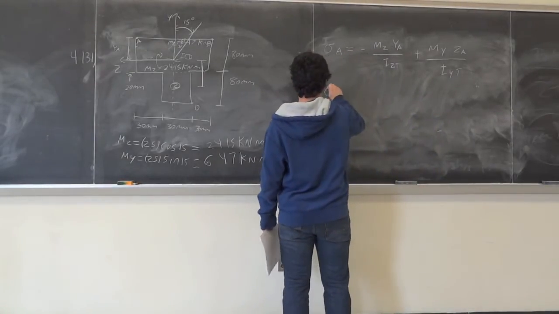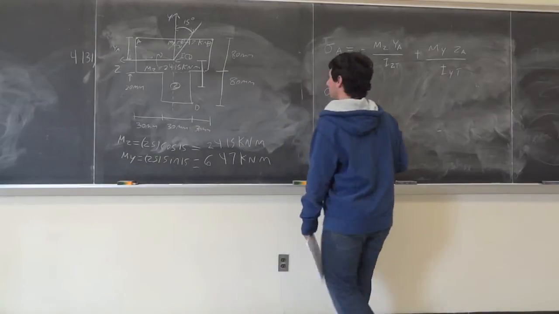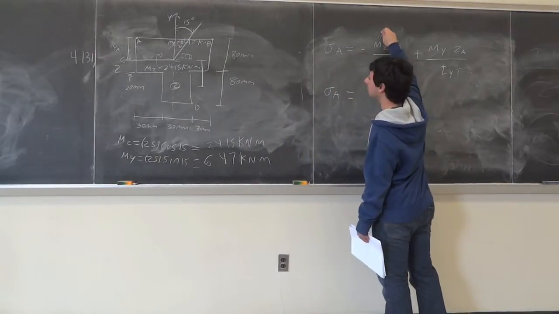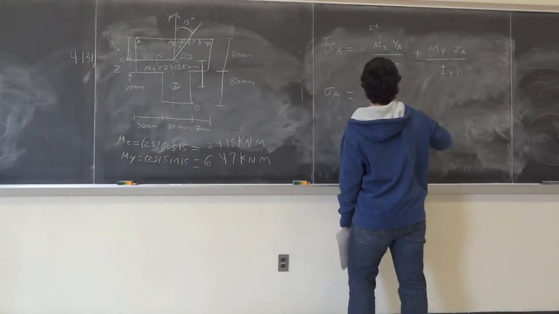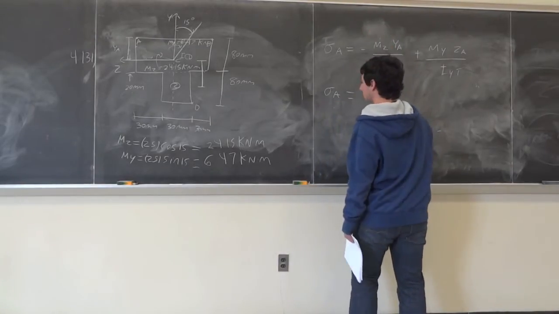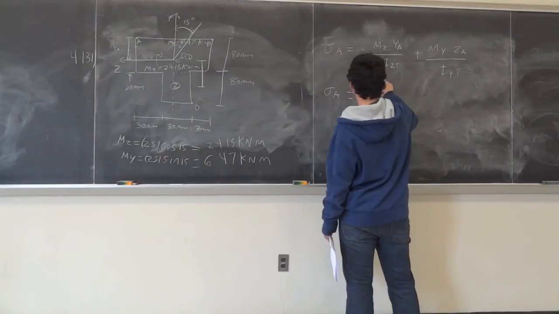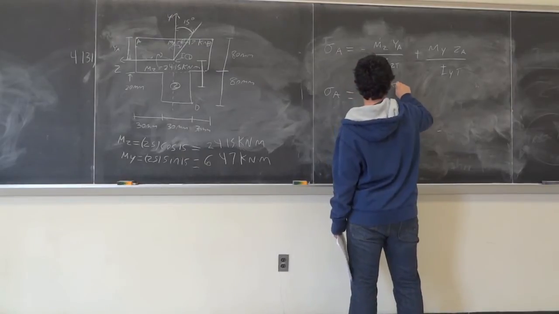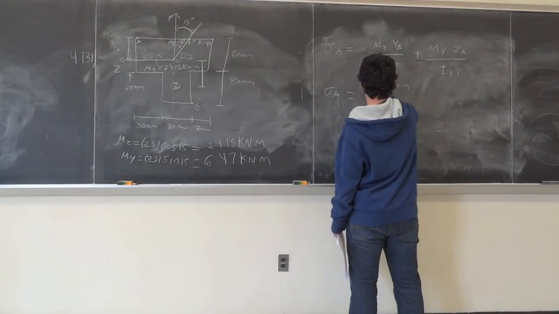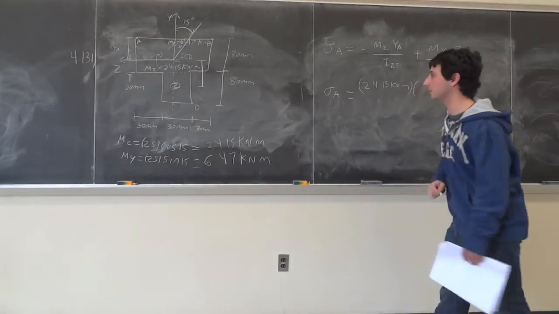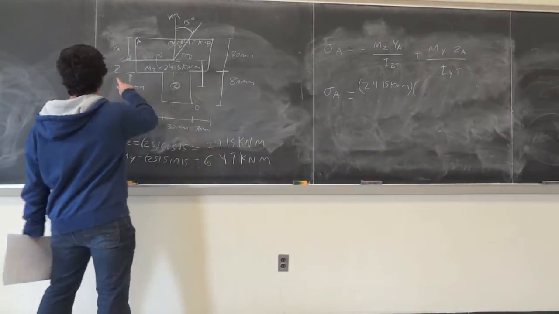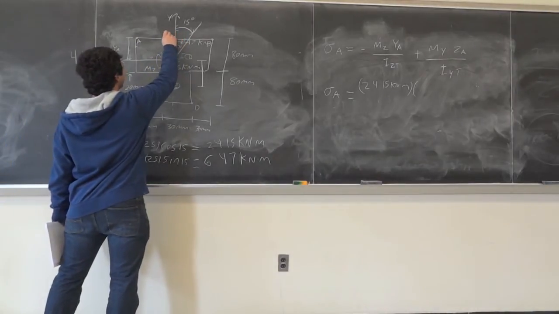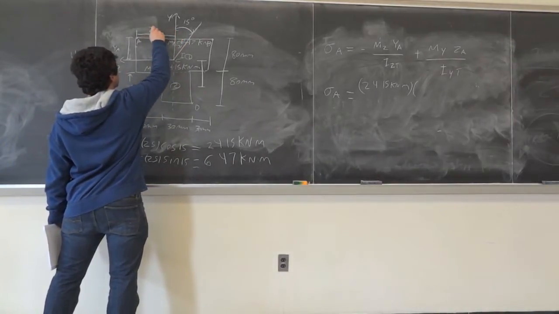Alright, so after you plug in the values, so we know this is equal to, let me just write it out, okay. So this is 24.15 kilonewton times a meter, right? And you guys are going to convert that for yourself. Okay, so YA in this case, oh, and this is ZA, ready? It's from here to here, so this is ZA.